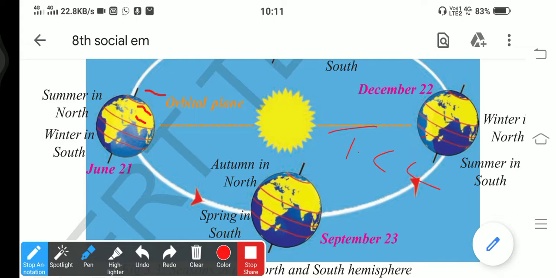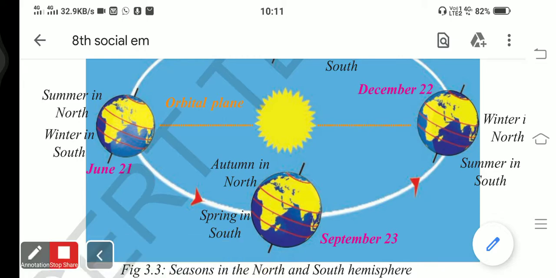That means the sun rays falling vertically on the Earth change position. On June 21st, they fall vertically on the Tropic of Cancer, in the northern hemisphere, and on December 22nd, on the Tropic of Capricorn, in the southern hemisphere.